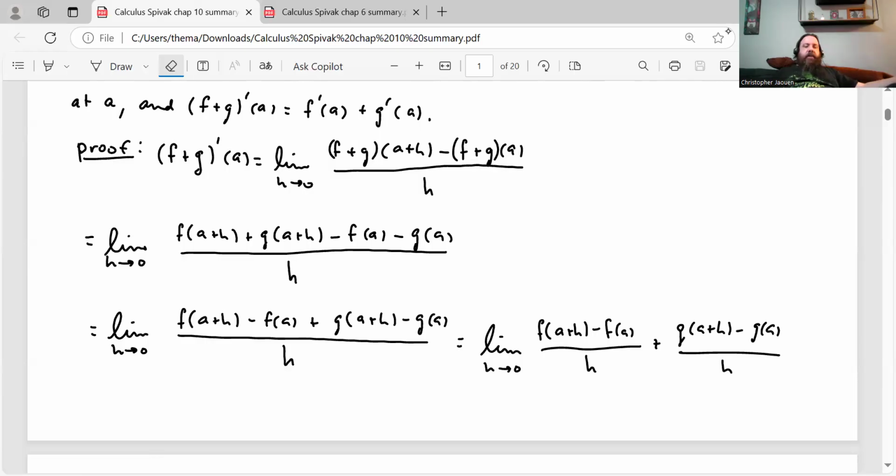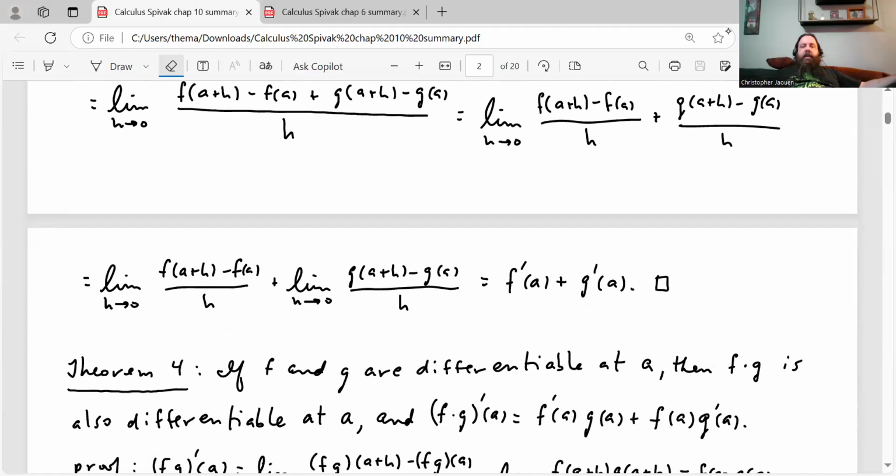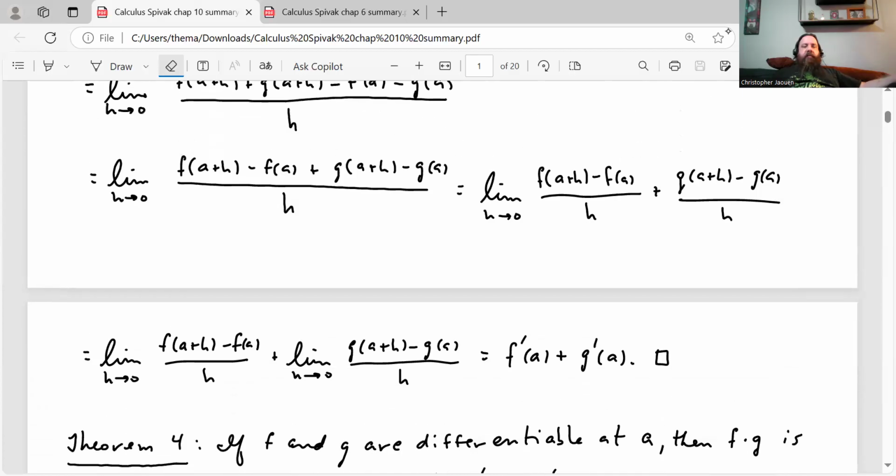That's equal to the limit h goes to 0, f of a plus h minus f of a plus g of a plus h minus g of a all divided by h, which is the same thing as the limit of f of a plus h minus f of a all over h plus g of a plus h minus g of a all over h. And then we could distribute the limit. And that gives us that the derivative of f plus g at a is f prime of a, or the derivative of f at a, plus the derivative of g at a.